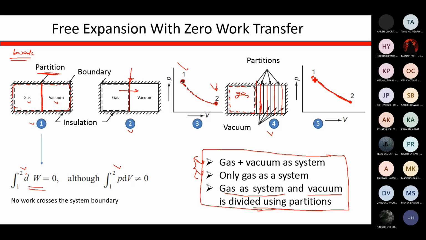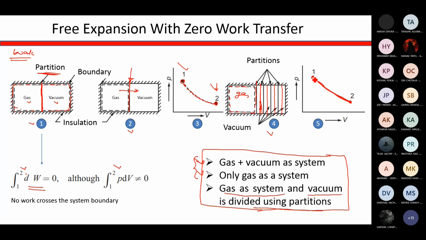Now the question arises: still, is there any work involved in this process? The answer is no. Still the work transfer is zero, because when your gas is expanding, it has to overcome some kind of resistance. And in this case, vacuum does not provide any kind of resistance for the expansion of this gas.